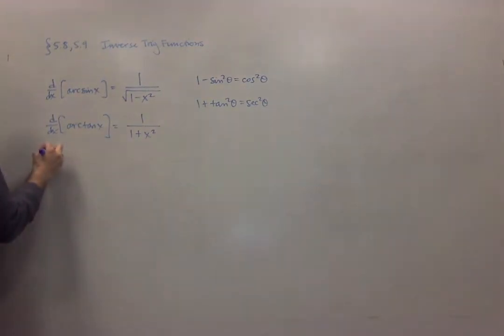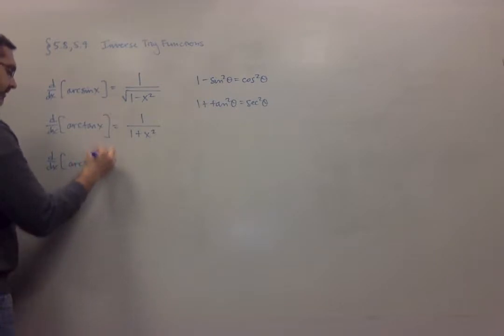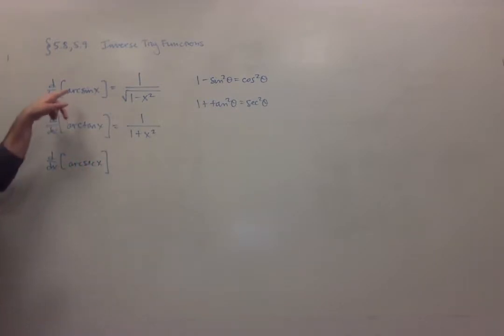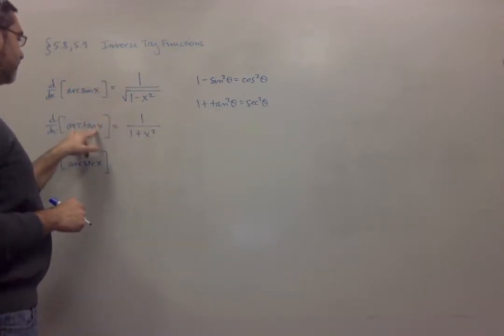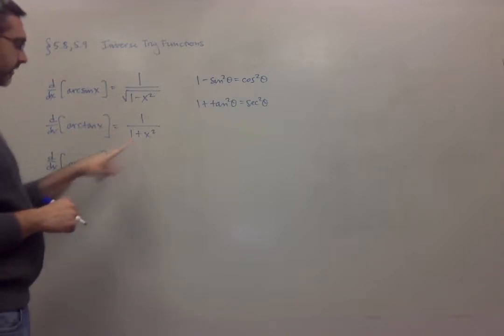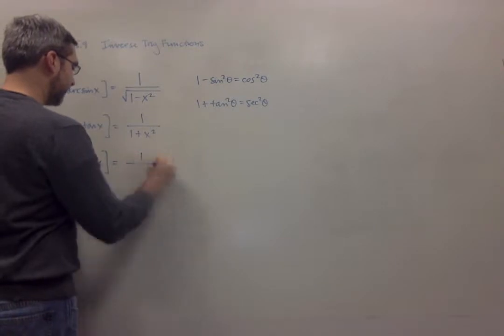There is a third one that I'm just going to list here in case you ever end up facing it. Arc secant. The derivative of arc cosine, I think I mentioned this when we went over these before, is just the negative of this. The derivative of arc cotangent is the negative of this. The derivative of arc secant actually depends on how you define it. It gets a little tricky.